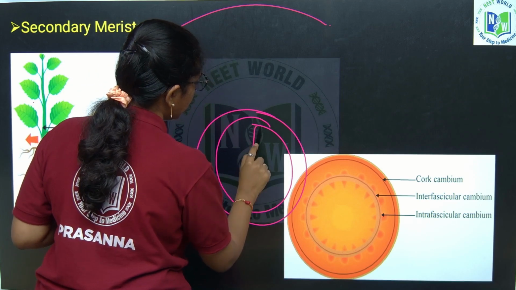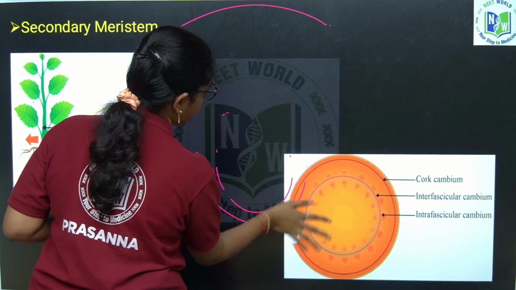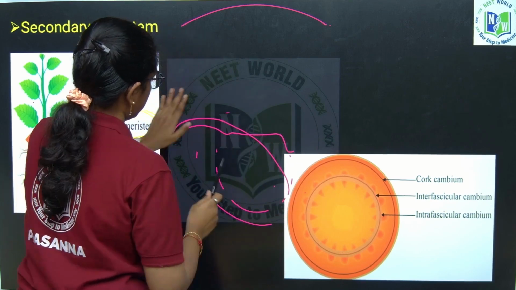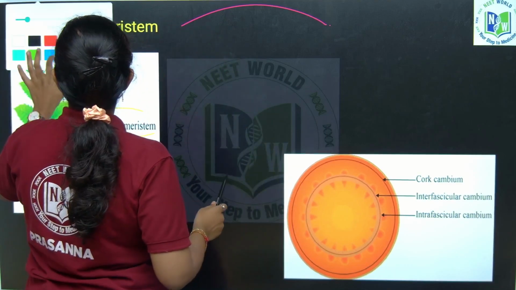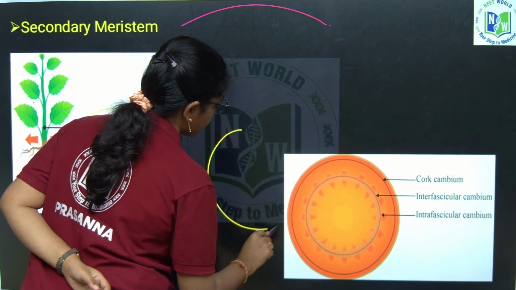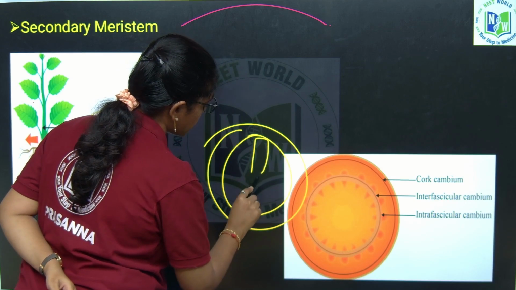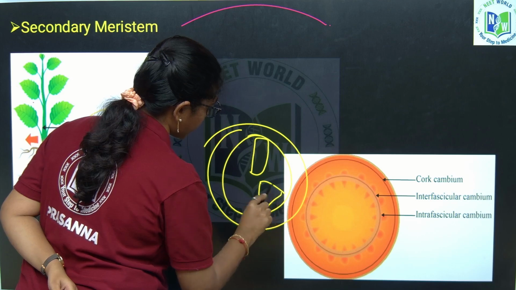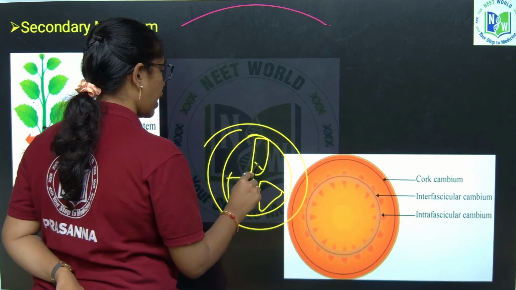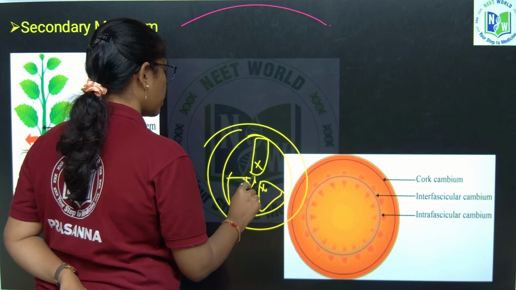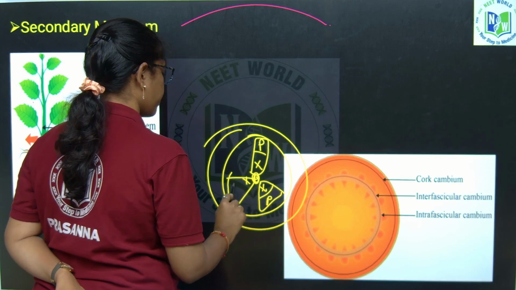Here you can see the stellar region wherein you have xylem and phloem. I am taking a dicot stem where you have xylem closer to the pith region and phloem towards the peripheral region.